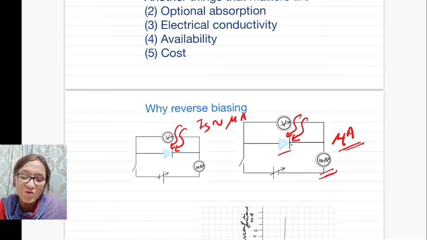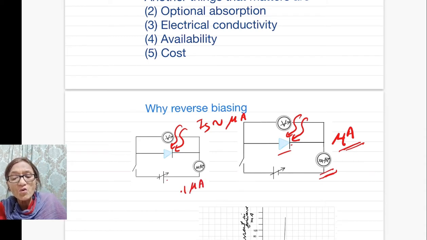But when you apply it in reverse bias, initially the current was 0.1 microampere, and when you illuminate the diode with EM radiation, this current will increase. It will become 0.2 microampere.